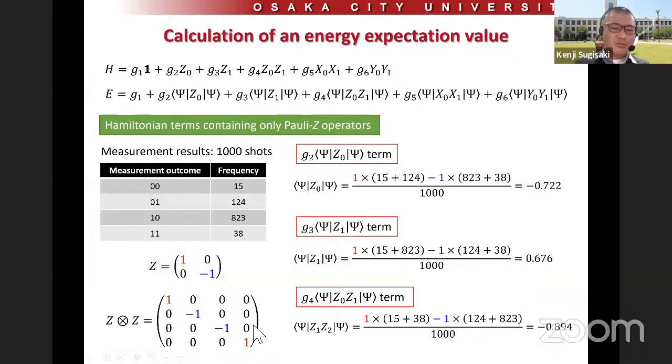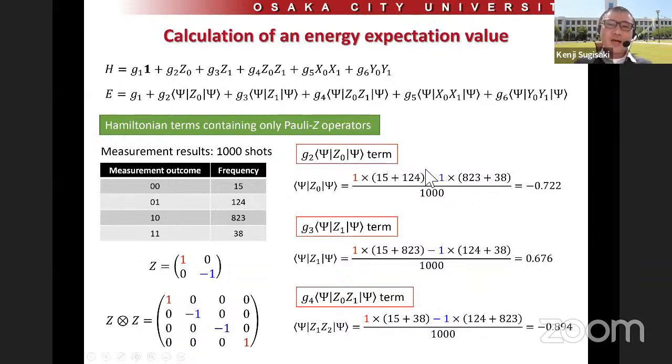And the eigenvalue is -1 for the 01 state and 10 state. So we can calculate the expectation value of the ZZ operator by using this equation. This is the probability to obtain the 00 state, and this corresponds to the 01 state, and this is the 10 state, and this is the 11 state.